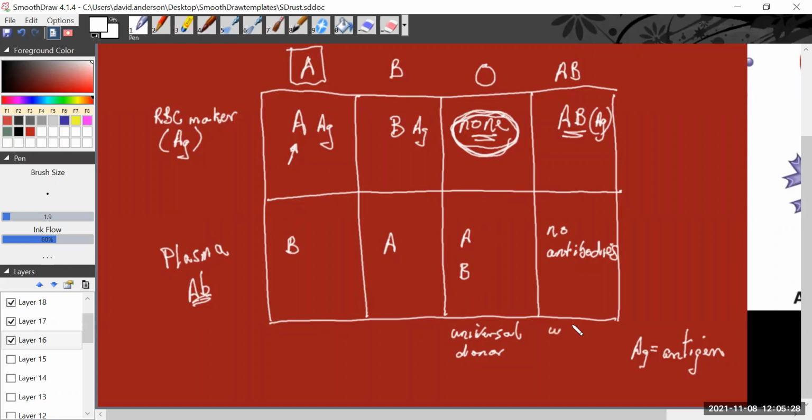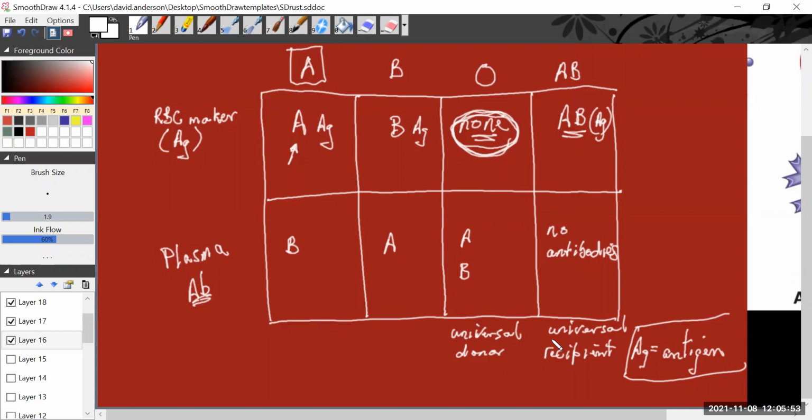The universal recipient is somebody who has no antibodies. If you have no antibodies, it doesn't matter what blood type you are given. There's nothing to react to the new blood.